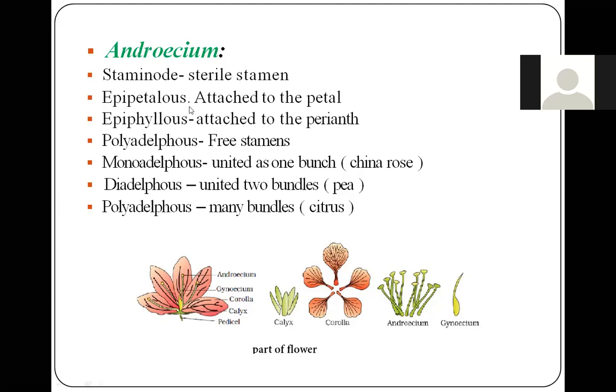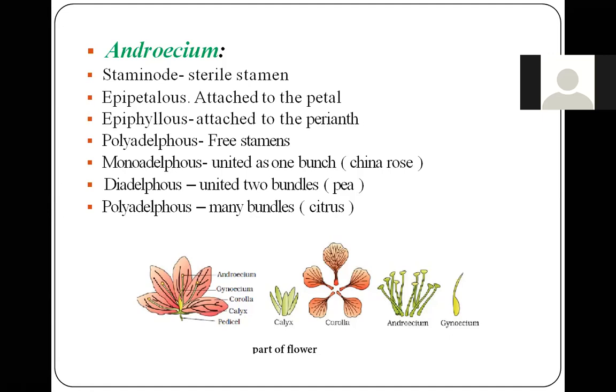Next is epipetalous, right? Epipetalous means they are attached to the petals. Petalous means petals, and epi means attached, right? So when the stamens are attached to the petals, it is known as epipetalous. And if they are attached to the perianth, then it is known as epiphyllous. Perianth means they are neither attached to the petals nor to the sepals, right?